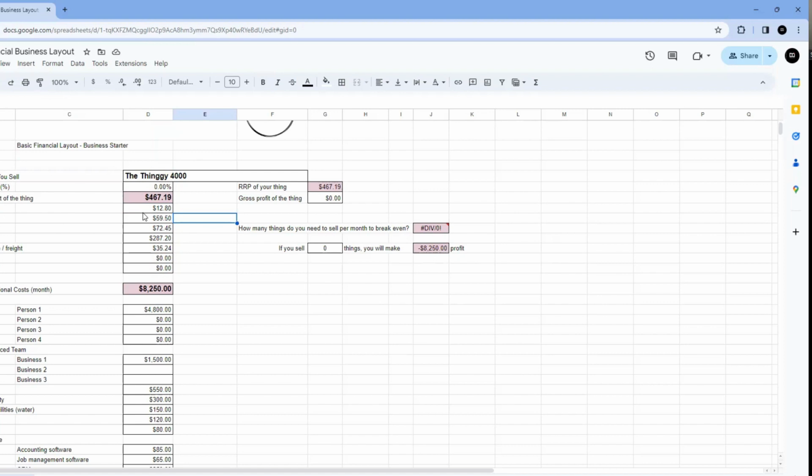And our thing is going to be the total of all of the parts involved in whatever the thing is. So if this is a product, then it is your raw purchase price, plus, as you can see here, you might have postage and freight. It may be a product that you are actually constructing or assembling, in which case all of the individual parts are going to be the cost that you need to account for in here.